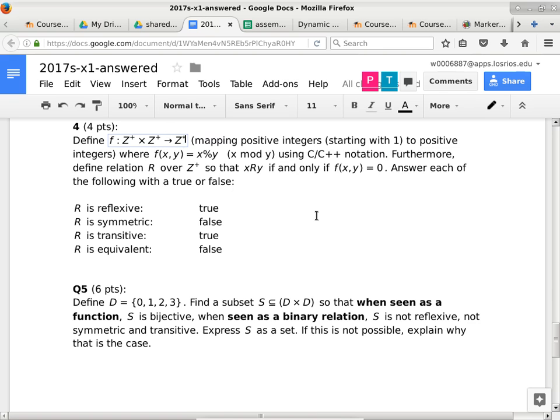What I did earlier was incorrect. But since I did define the function itself, as f of xy is x mod y, it still gives you enough to work on the problem. Did anyone get caught up because of the inconsistency? How many people noticed the inconsistency? That's one. Okay.